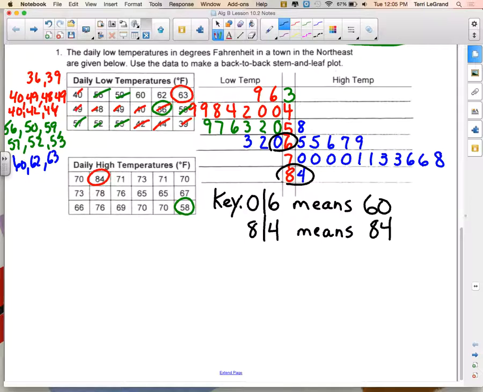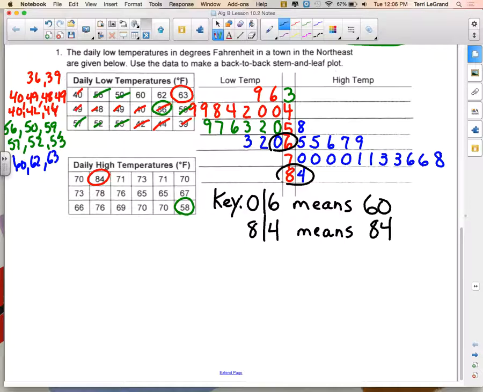If we wanted to say what the actual temperature variance is, how much would that be? We'd have to turn it around and make it into a subtraction problem. What would that be? 27. So there was a range of 27 degrees of temperature variance on the daily lows.